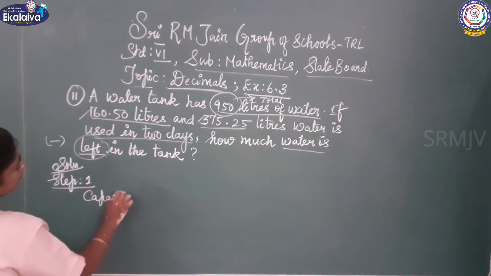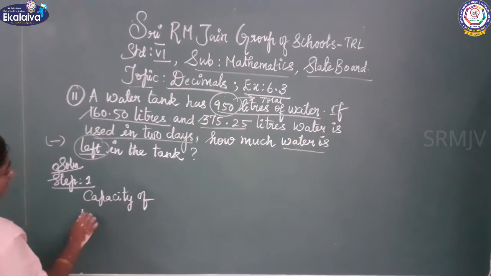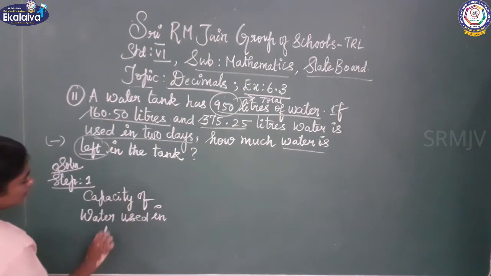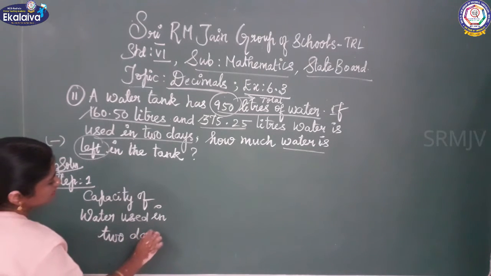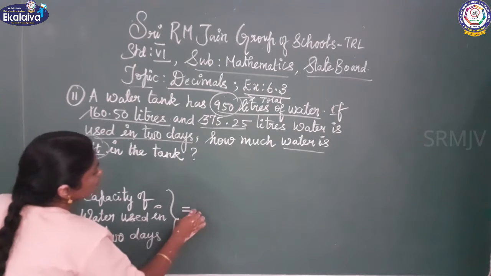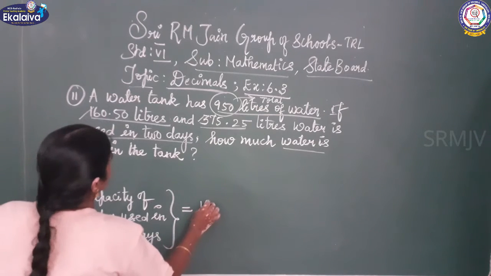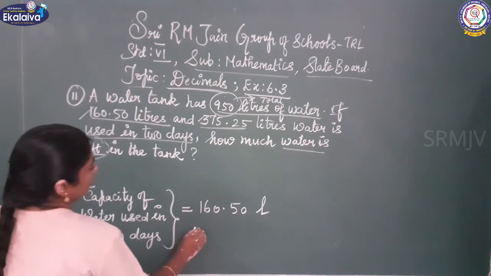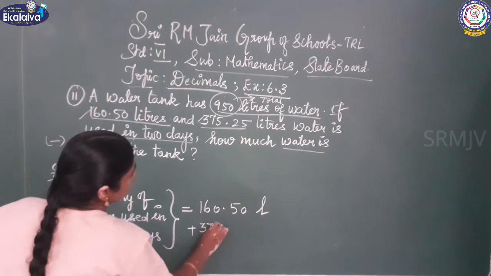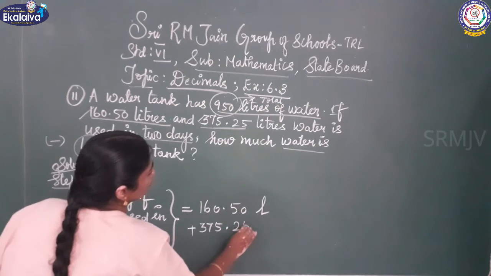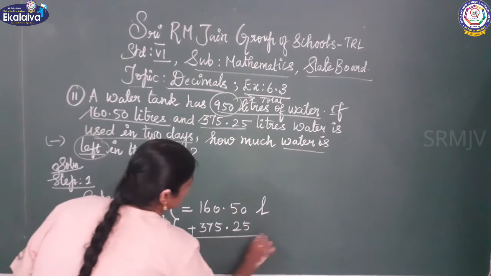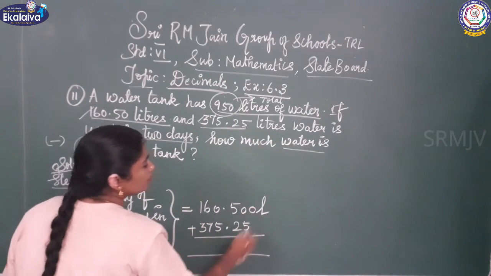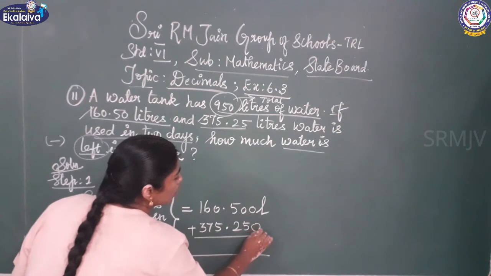Capacity of water used in 2 days is equal to how much? 160.50 liter and 375.25 liter. So actually after the decimal you have to add one more zero because 1 liter is equal to 1000 milliliters.